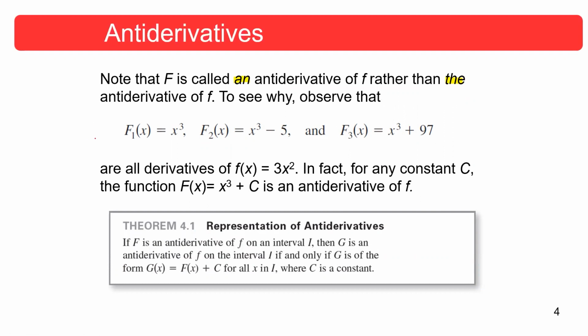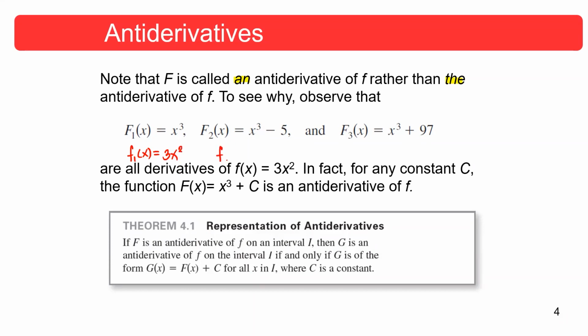If I ask you for, let's just say this one, F1 of x, what is the derivative? What's the derivative of x cubed? 3x raised to 2 plus c. At the moment, we're getting the derivative, so 3x squared.